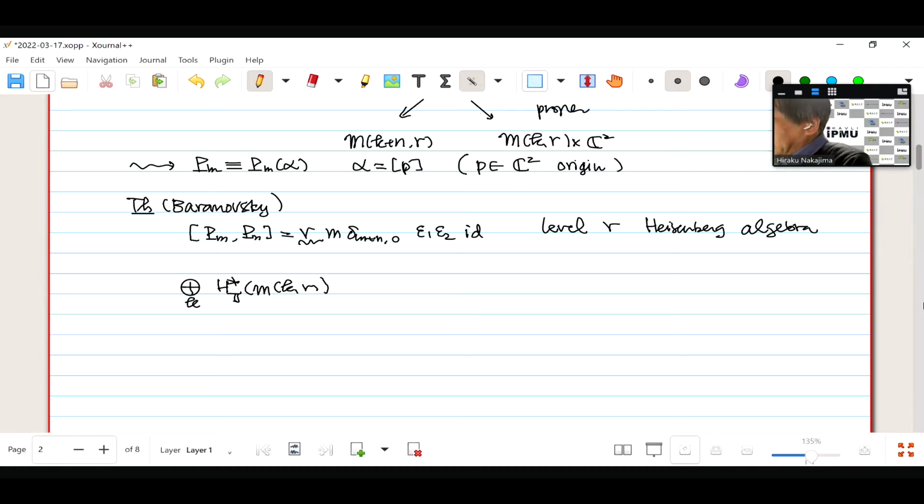This cannot be irreducible, because this is a tensor product of R copies, so it is much bigger than the irreducible one. But at least you have this decomposition: a Fock space for this Heisenberg algebra, tensored with some multiplicity space.